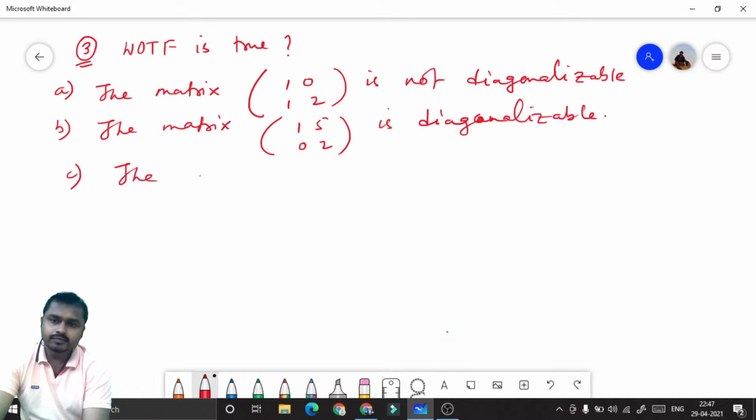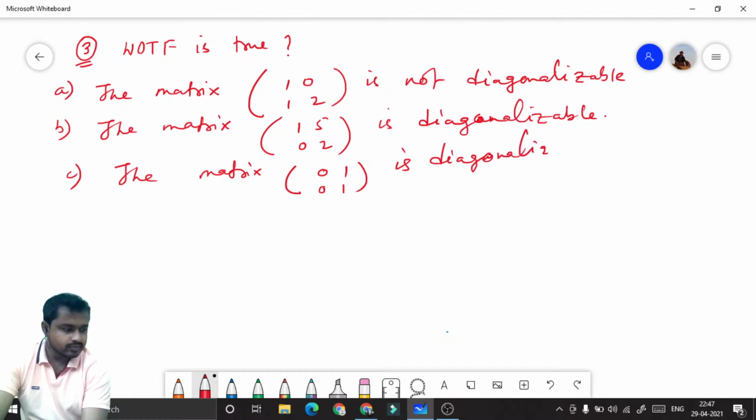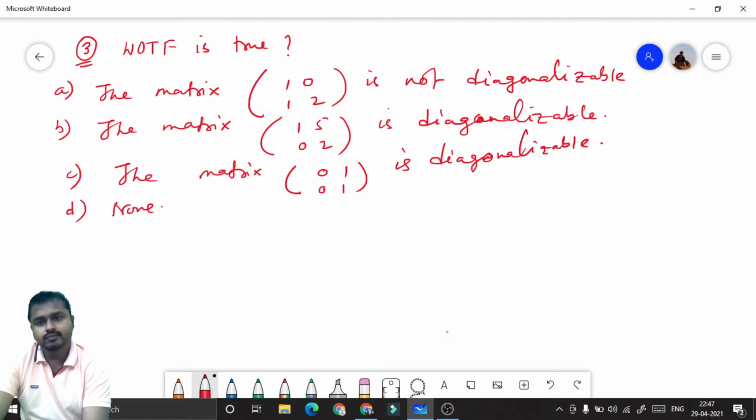The matrix 0 1 0 1 is diagonalizable. And the fourth option is none.